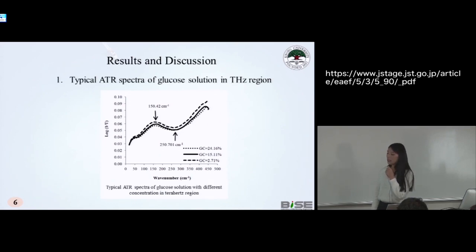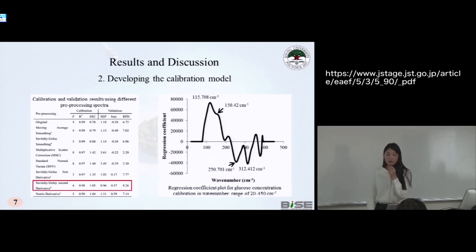The previous study showed this peak is associated with water, and the increase of the glucose concentration is followed by the decrease of the absorbance. The reason was that the increase of glucose is followed by the decrease of free water in the glucose concentration.